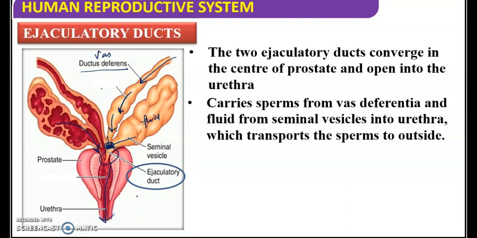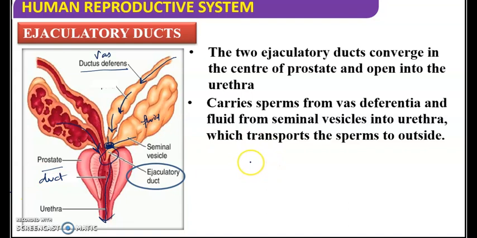Okay, so in fact, the ejaculatory duct is not just a duct for the seminal vesicle and the vas deferens. It is also a duct for the prostate gland. Even the prostate duct opens into the ejaculatory duct. It's a damn tongue twister.